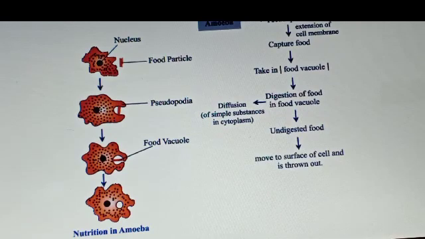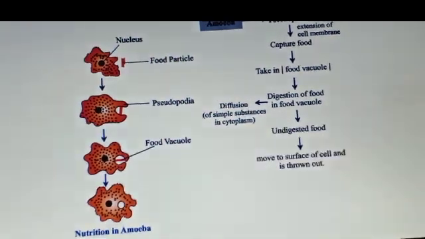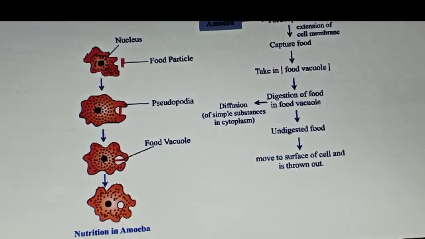After holding the food, the third figure denotes the formation of the food vacuole. Then you can see in the last figure that the food particles are digested and absorbed, and at the last the egestion process occurs. Here the egestion process is not denoted, but if you want to draw it, then you can rupture the cell membrane and draw some of the particles.